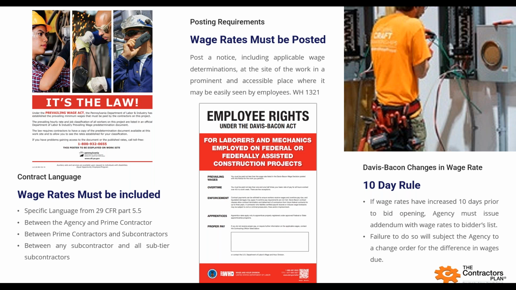The exception to that is that if the wage rates increased more than 10 days before the bid opening, the agency must issue an addendum with those wage rates. Again, if the agency doesn't do that, that contractor is due a change order. So even if the project lasts 2 years, there's no change in wage rates over that 2 years, provided it doesn't meet this 10-day rule.